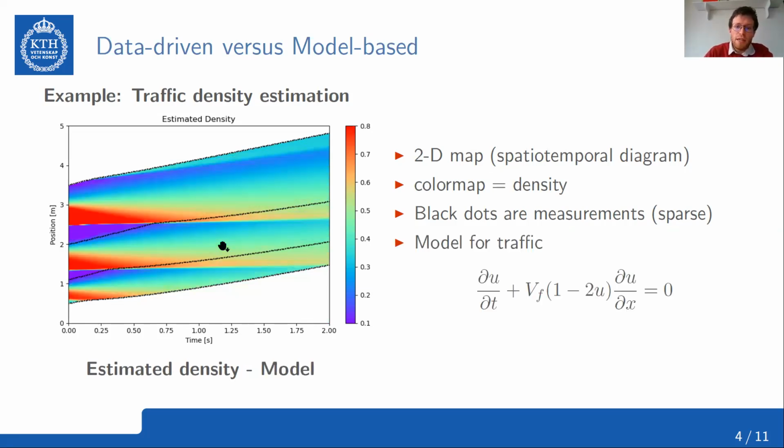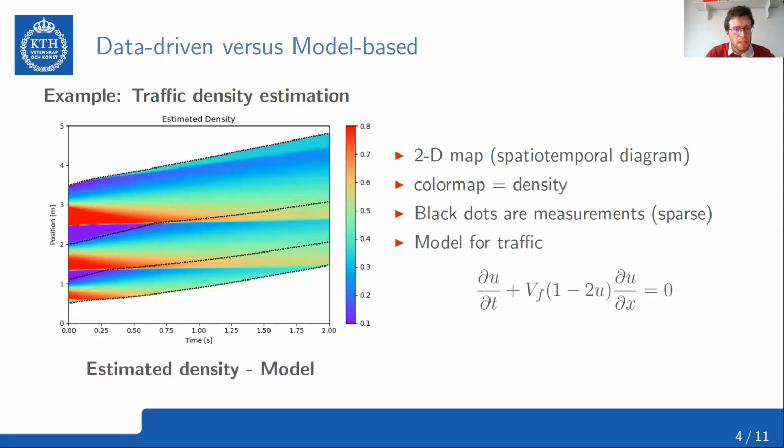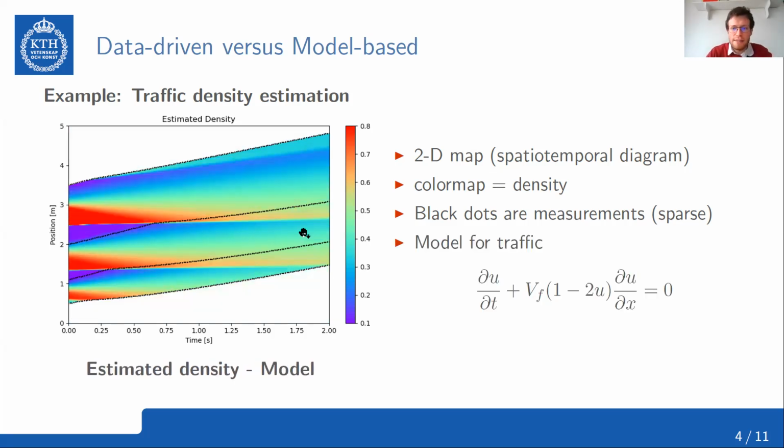And if we use a PDE, which is the model that we're using, knowing the values on the black lines, then we get this. You can see it's very close to the original one. There are some discrepancies at the beginning here, but it's mostly the same. After a while, at least, it's the same. And you can prove that it's the same actually.